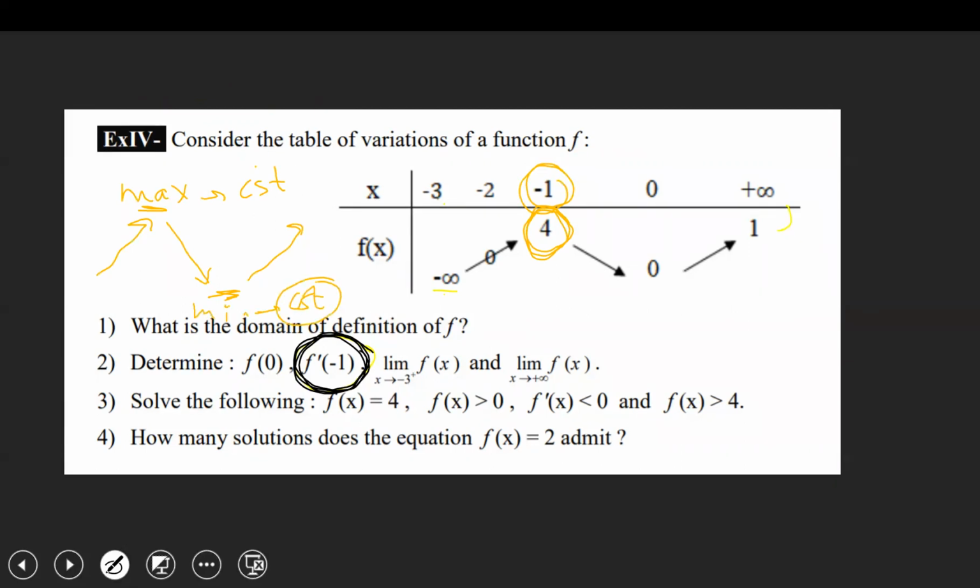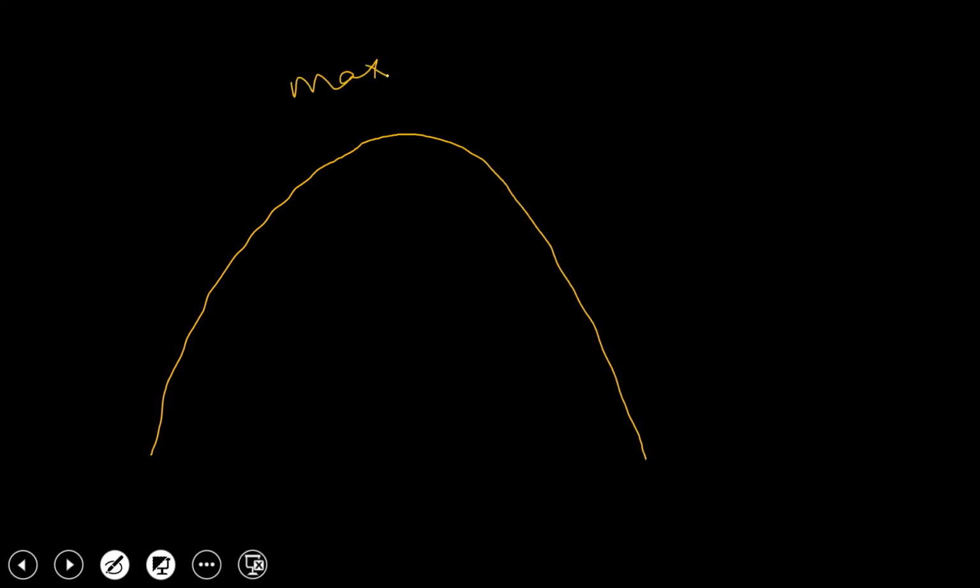What do you mean by constant? That is, the function is not changing, for an instant. Look, we have this curve increasing, then it decreases. Here we have the maximum at the top of this hill.